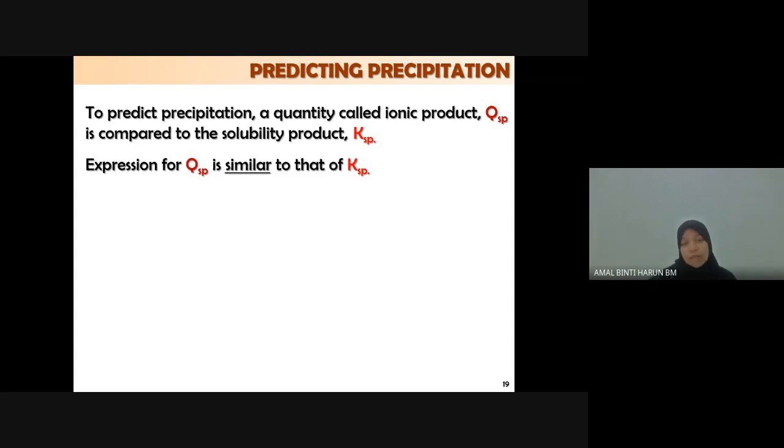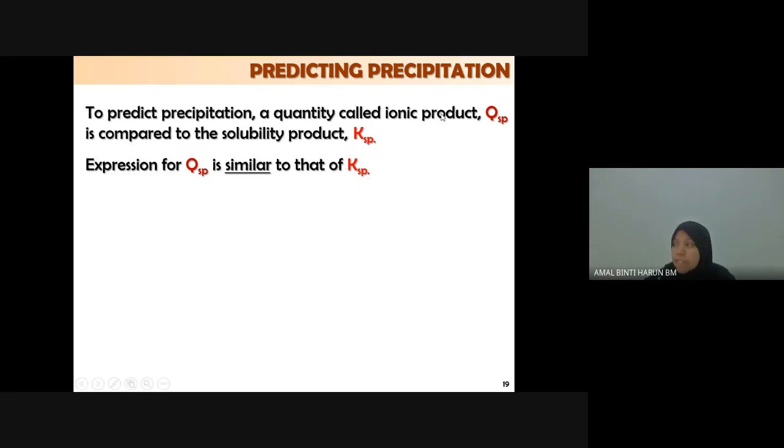Okay, next masuk the next part which is macam mana kita nak tentukan sama ada kita diberi dua solution garam, adakah reaction antara dua solution garam ni berupaya menghasilkan precipitate ataupun garam yang tidak larut. Okay. So untuk mengetahui sama ada membentuk precipitate ataupun tidak, kita kena compare QSP dengan KSP.